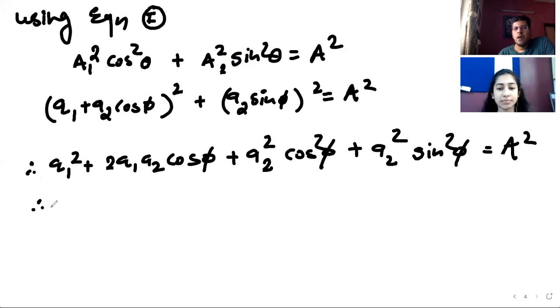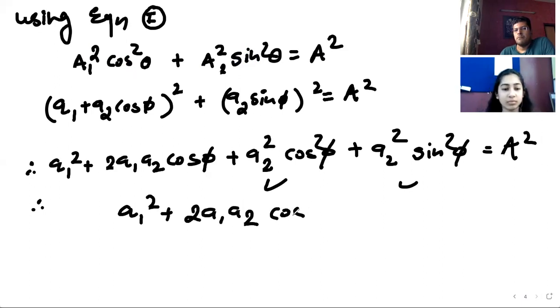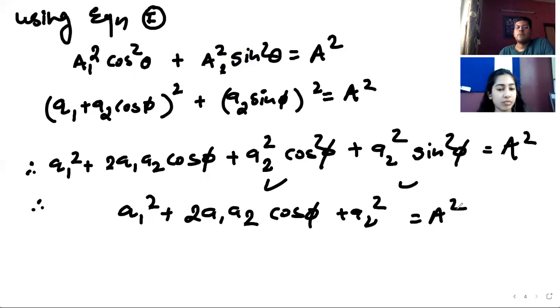Okay. So can I say that a2 square cos square phi and a2 square sin square phi both will be 1? So the remaining part is a2 square only. Okay, but I am aware that intensity is directly proportional to amplitude square.